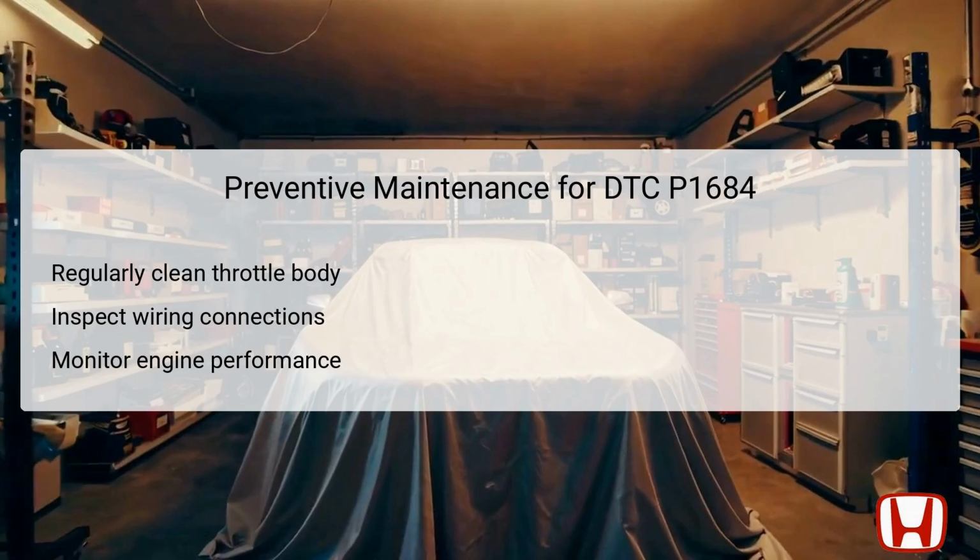Keeping these connections in optimal condition helps in maintaining accurate signal transmissions, reducing the likelihood of triggering DTCs. Monitoring engine performance can also alert the driver to early signs of trouble, allowing for timely intervention. Establishing a maintenance schedule will aid in extending the lifespan of these components.